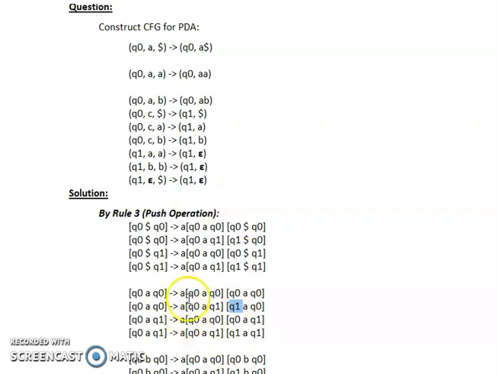Now again, the right hand side of these 2 rules will be copied as it is, because we are going to take it for Q1, and Q1 will be changed because now the ending of the production will be Q1, because this and this have to be the same.